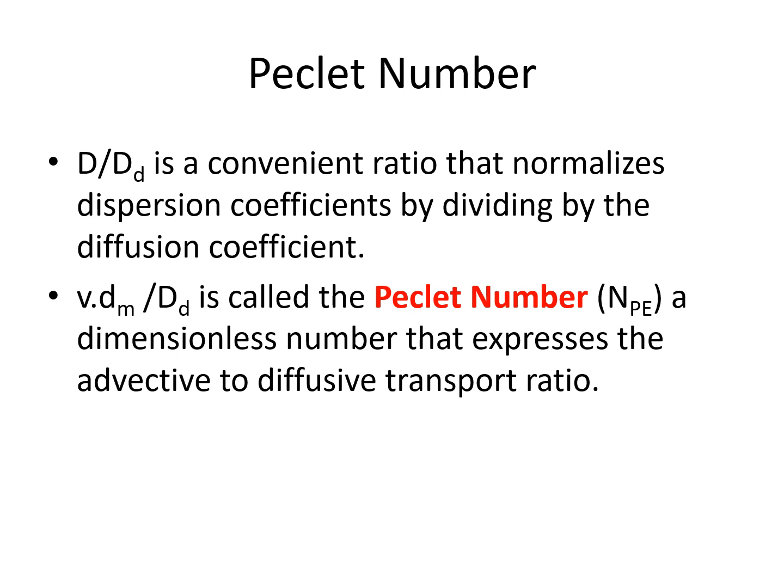So VDM over DM is called the Peclet number, a dimensionless number. This Peclet number gives us the ratio on which dispersion is taking place.